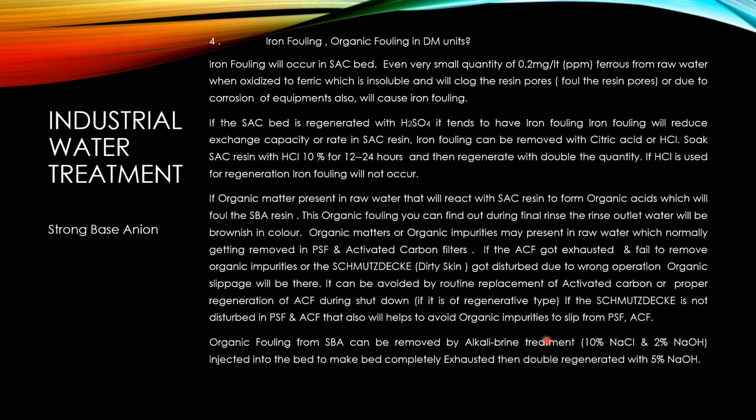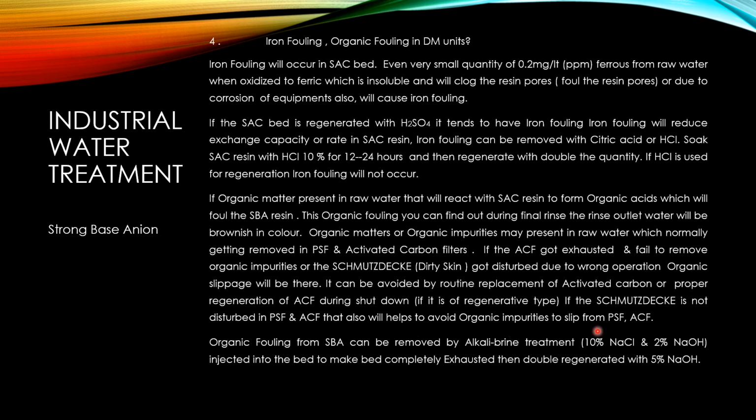When you open the top manway of the bed, you can see a brown color sticky material over the topmost bed layer or on the inside of the wall. This brown color sticky material is called schmutzdecke, formed when sulfur reducing bacteria join with iron, manganese and slime to form this thin layer.